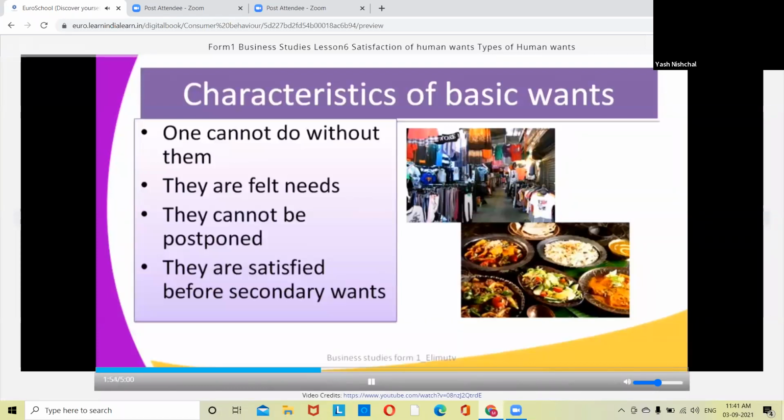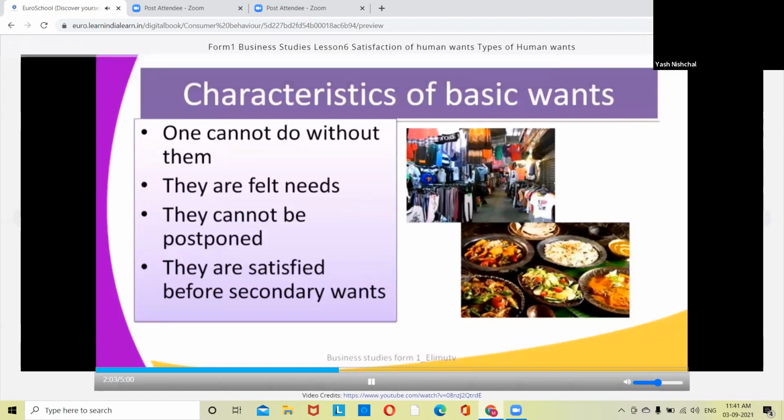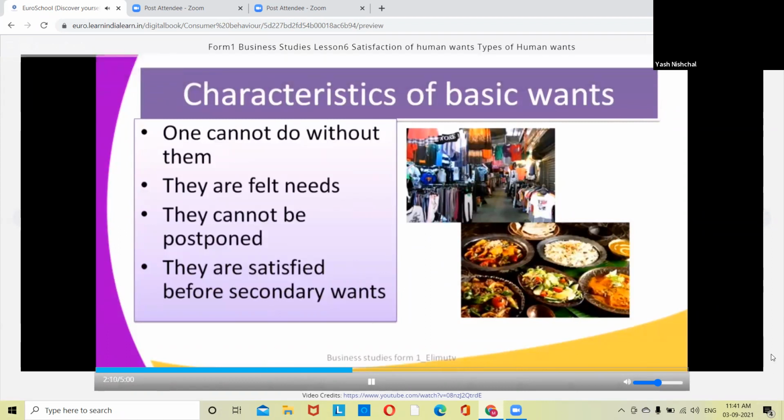The other one is that they are satisfied before secondary wants. We are going to look at what secondary wants are, but secondary wants are also known as luxuries. You can do without them. An example of a secondary want is a car. You can do without a car. You can do without a 5-bedroom house, provided you have a house, whether it's small or not.